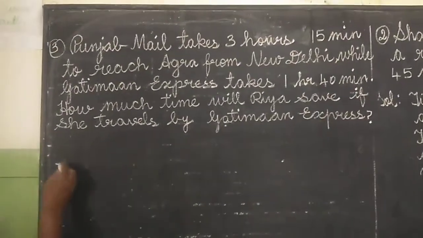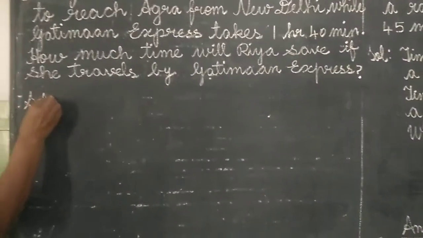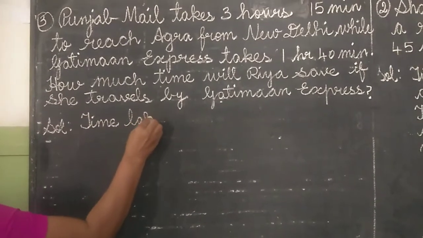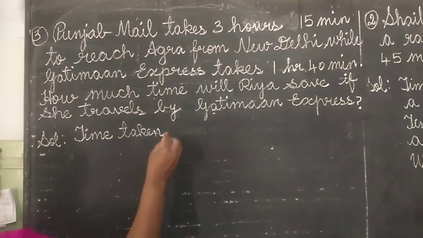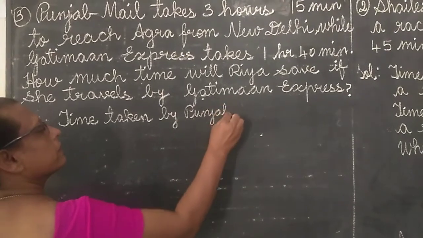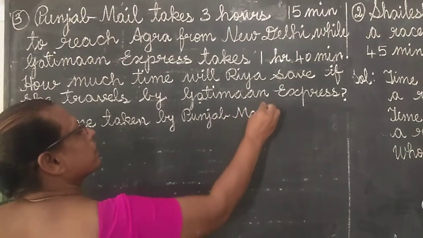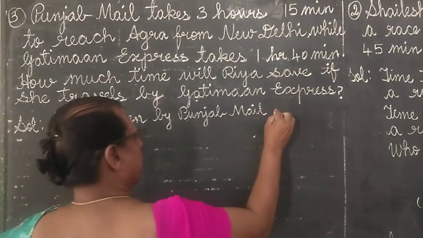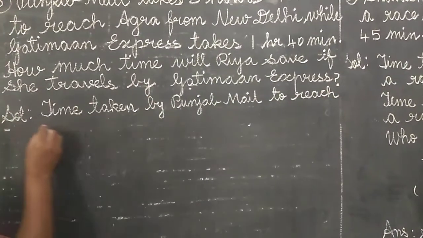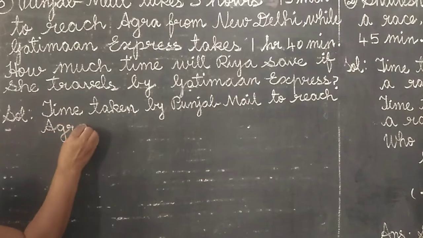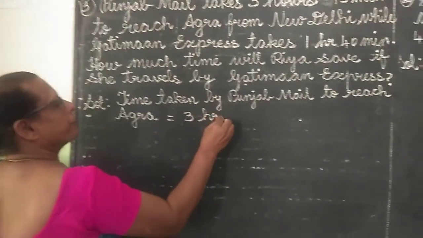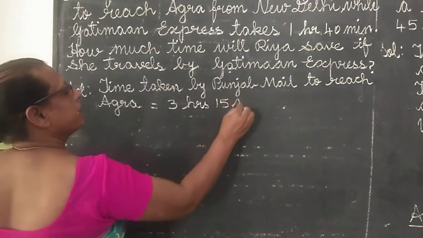Okay children, so time taken by Punjab Mail to reach Agra. How long, children? 3 hours 15 minutes.